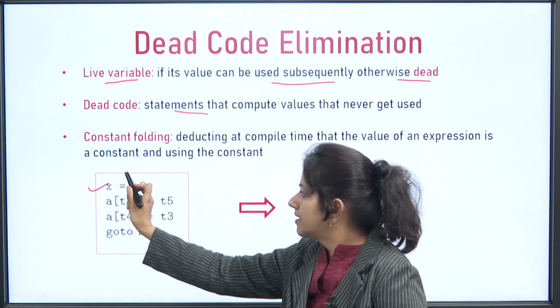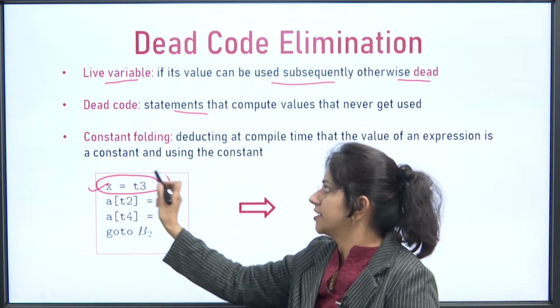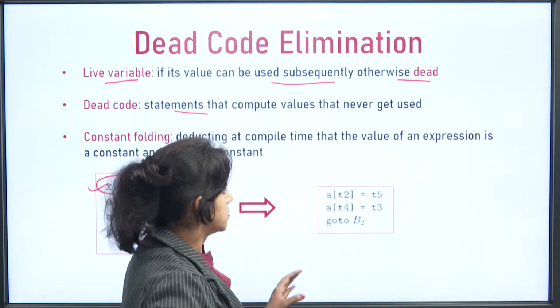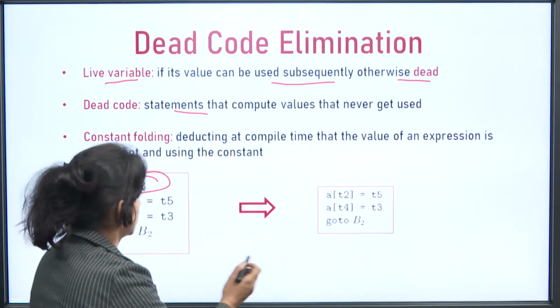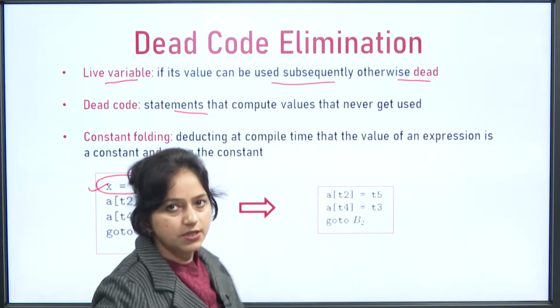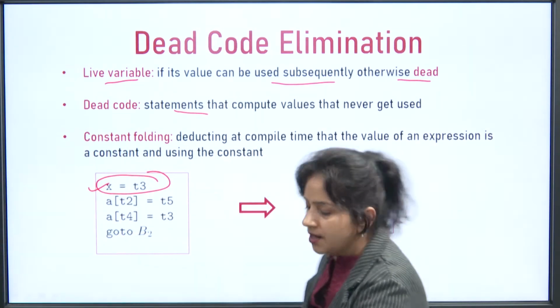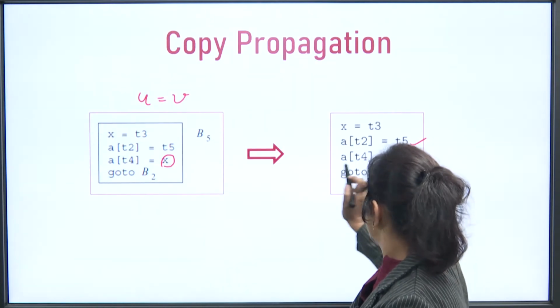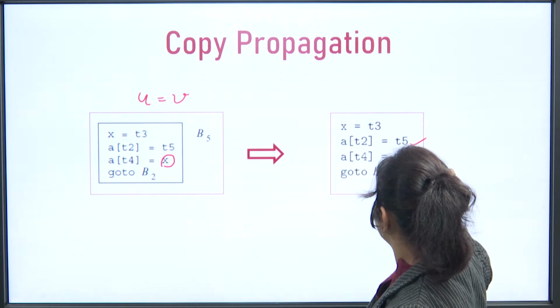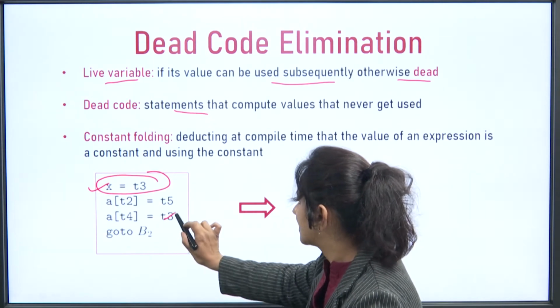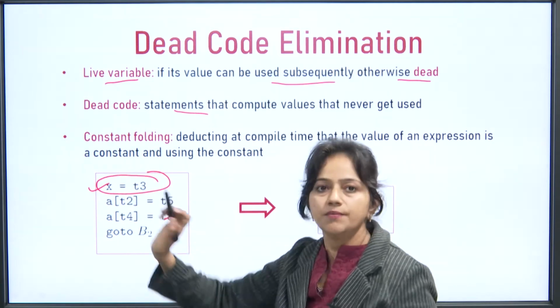So we can consider this statement as dead code and easily eliminate it. Here we will have only 3 statements: a[T2] is equal to T5, a[T4] is equal to T3, and go to B2. We obtained this because of the outcome of copy propagation. Here we have not written x, we have written T3, and because we have not written x, the statement x is equal to T3 has become useless now.